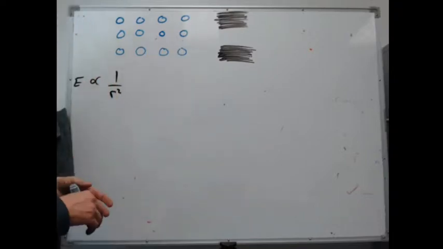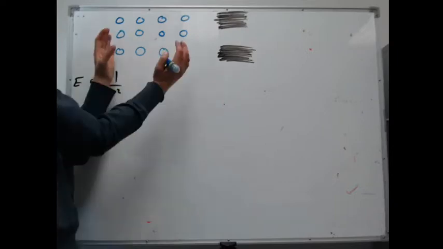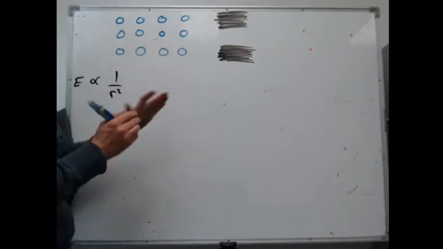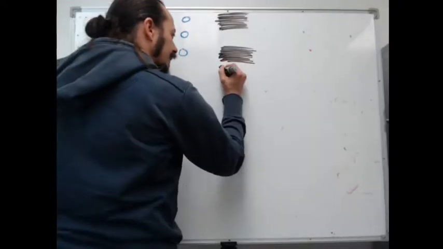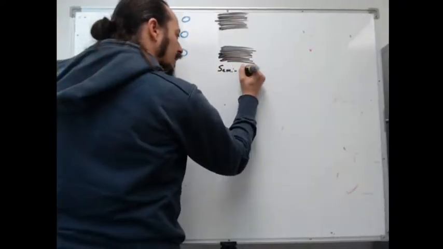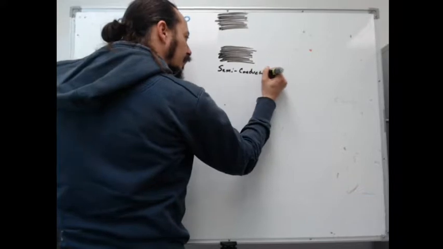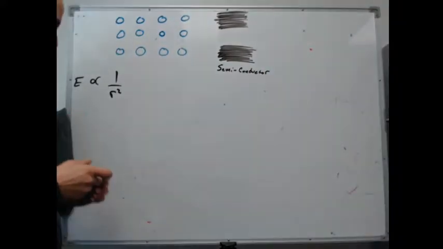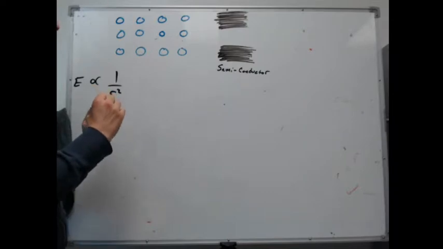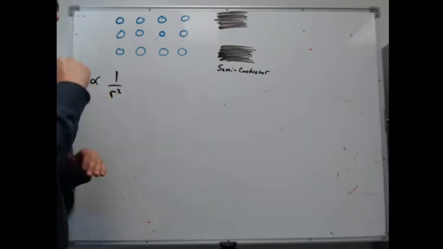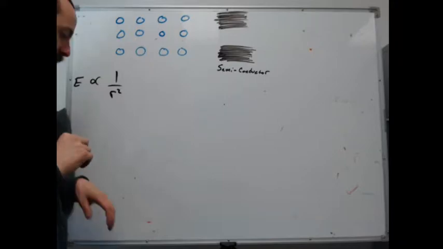But for us, we can pretty much say anything that's going to contract these distances for a semiconductor, there's going to be an important difference. For a semiconductor, anything that contracts these distances is going to increase that energy gap.